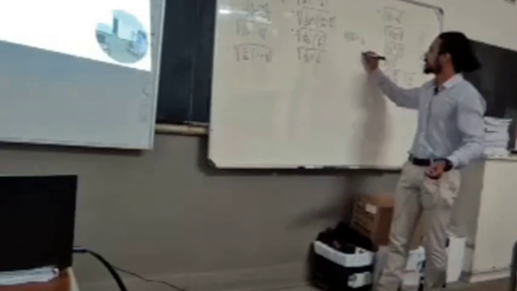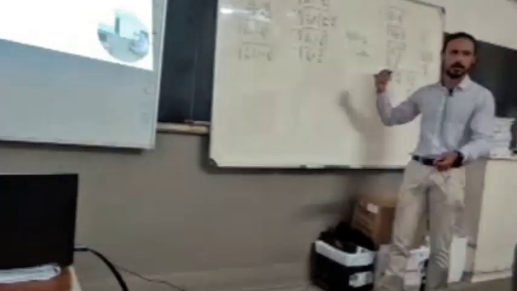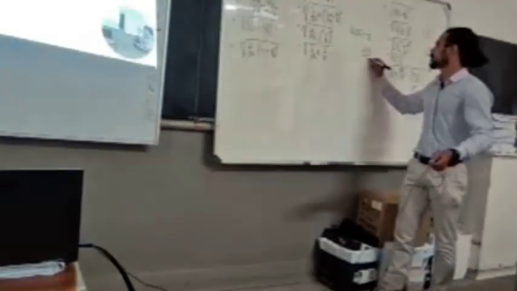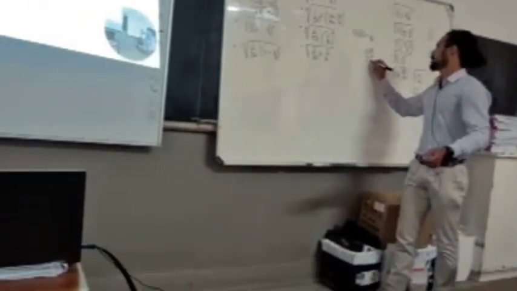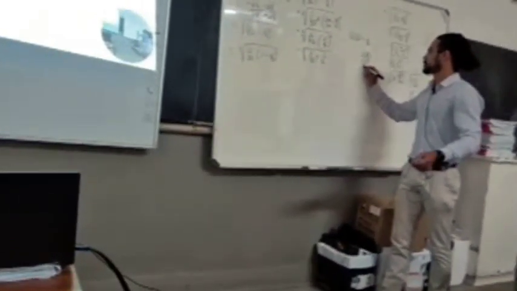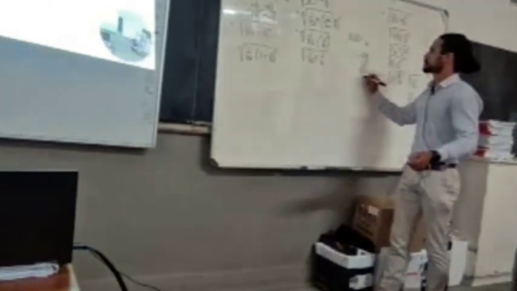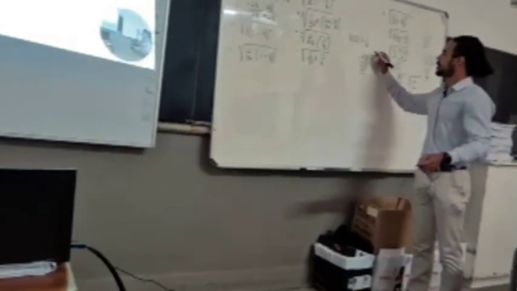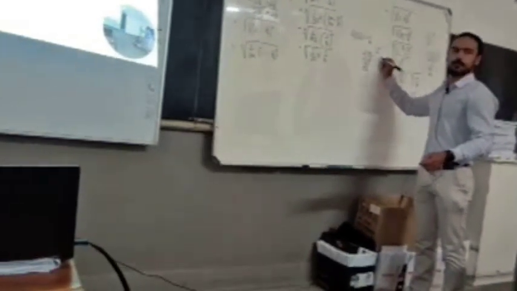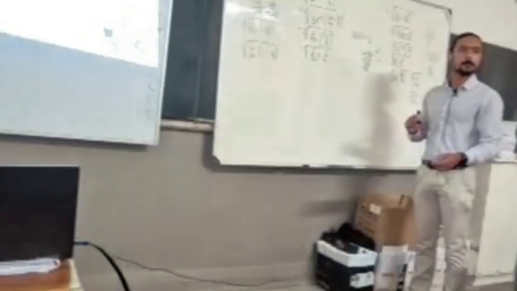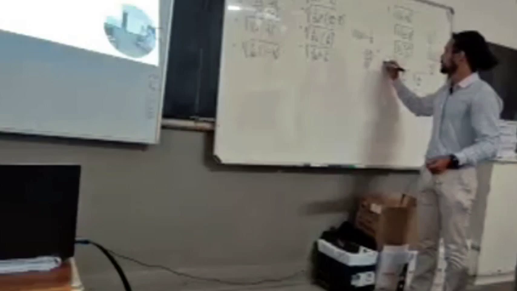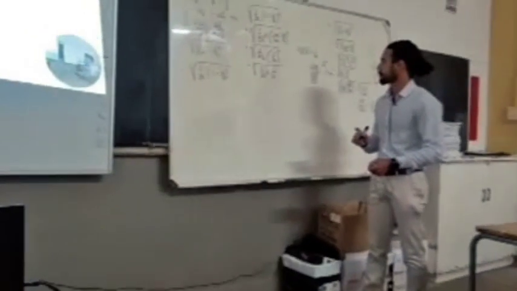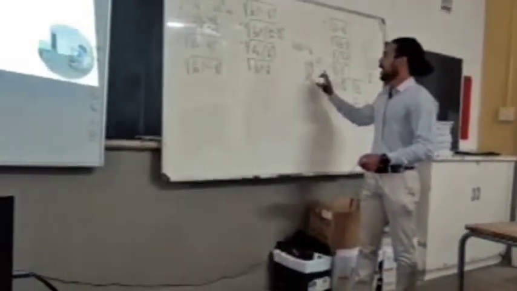So remember we had 32 and I asked you to prime factorize. If I prime factorize 32, it's going to be 2 and then 16, then 2 and then 8, then 2 and so on.